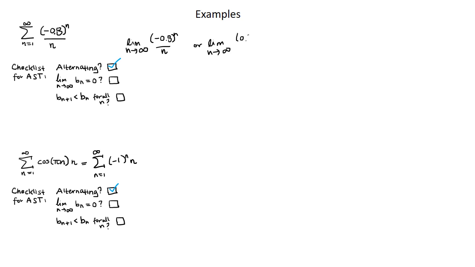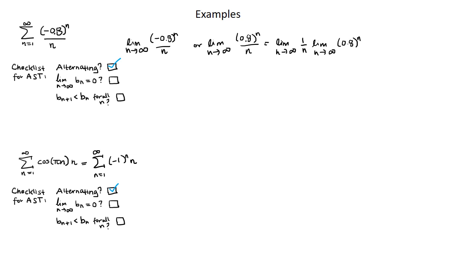If the limit is equal to 0, you'll see it whether or not you have the sign there, right? Because if the magnitude goes to 0, then the terms themselves have to go to 0. Okay, so to think about this, I think it's helpful to think of this as the limit as n goes to infinity of 1 over n times the limit as n goes to infinity of 0.8 to the n.